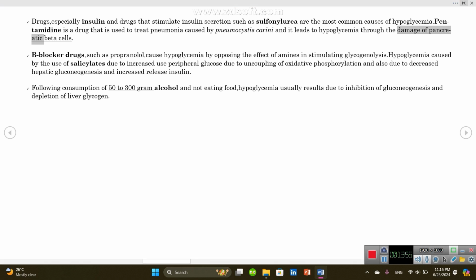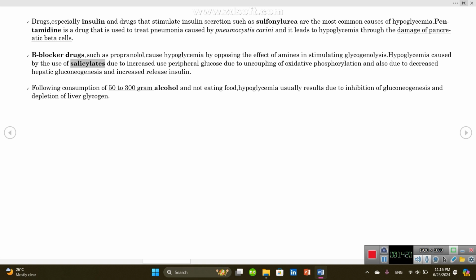The second group of drugs is beta blocker drugs, such as propranolol. Propranolol is a drug which reduces the heartbeat and causes hypoglycemia by opposing the effect of amines in stimulating glycogenolysis. Hypoglycemia is also caused by the use of salicylates.